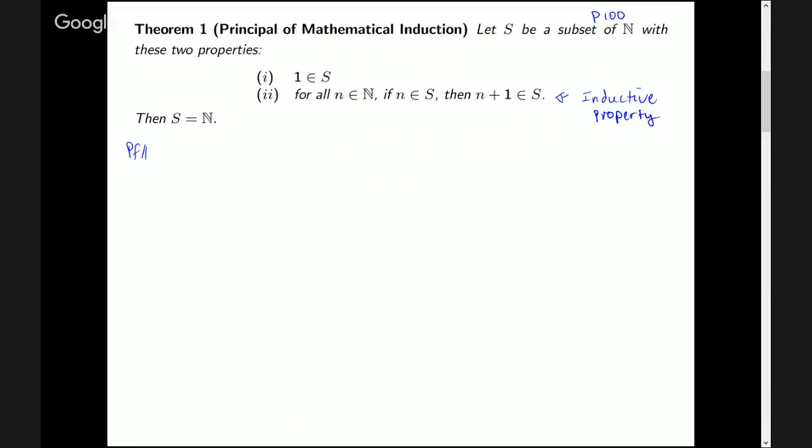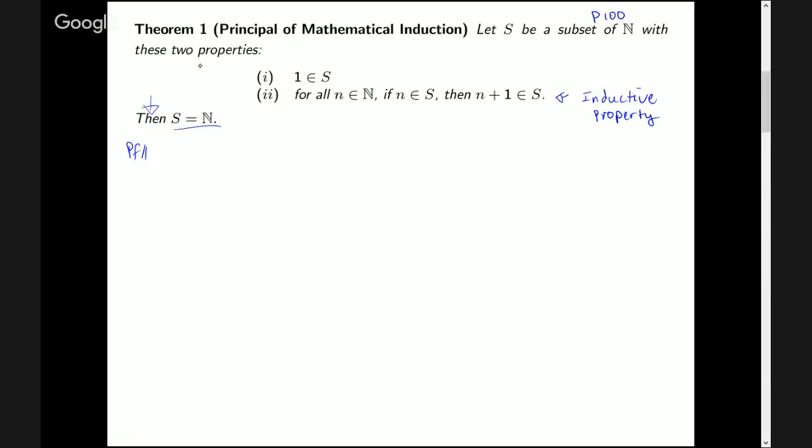So, what's the hypothesis? Everything before the then, right? No, I get to assume everything up until the then.